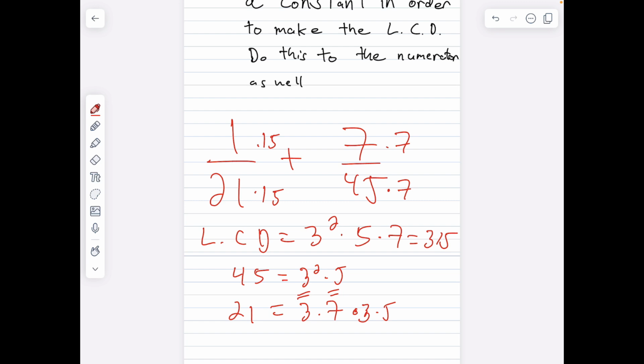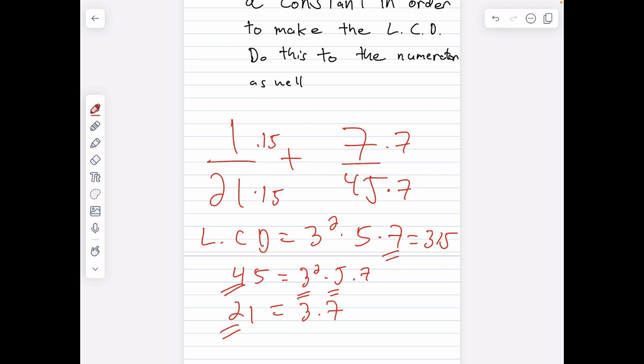The other way was, you could get the prime factorization breakdown of each number, which was the 3 squared times 5 and the 3 times 7, for the 45 and the 21, and then ask yourself, okay, what number is missing from each of the 45 and 21 that is in the LCD? So 45 has a 3 squared and a 5, but it doesn't have the 7 that the LCD does, so you would have to multiply by 7.